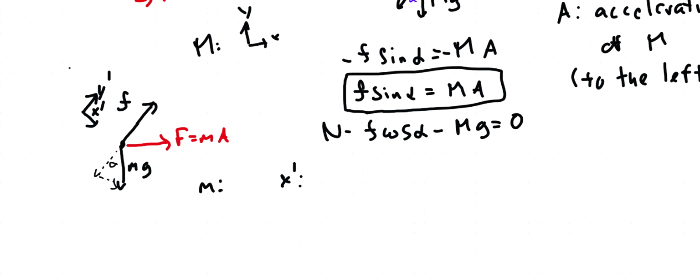So one component going downwards, in the x prime direction, is mg sine alpha.